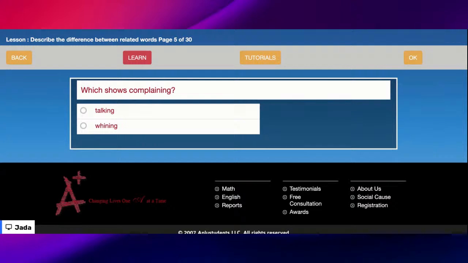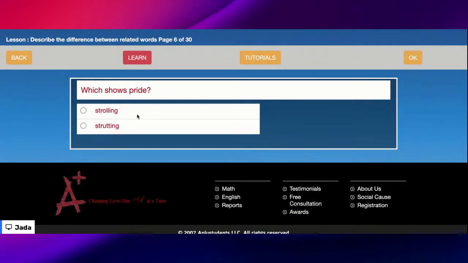So, which shows complaining, talking, or whining? Which shows complaining? Is it when you're talking or when you're whining? So, whining shows that you are complaining. Okay, good.